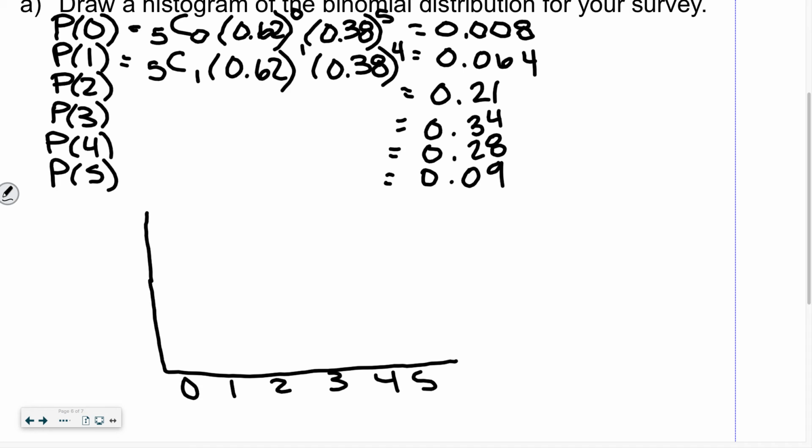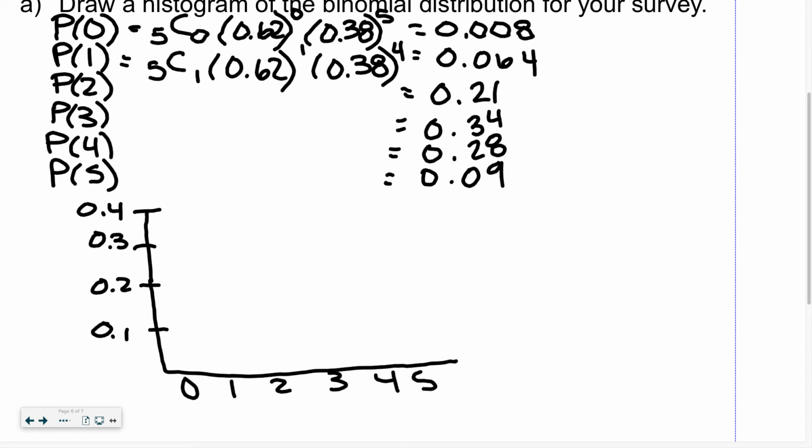So my highest probability is when 3 people visit the dentist, 0.34. So then I might choose to go by 0.1s, because then I'll hit all the probabilities within that range.